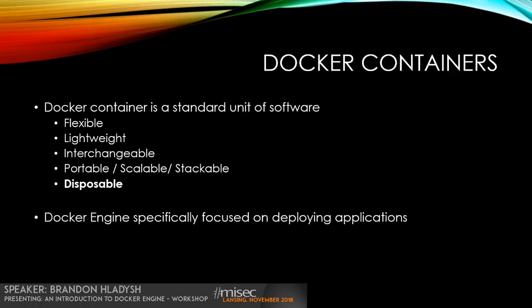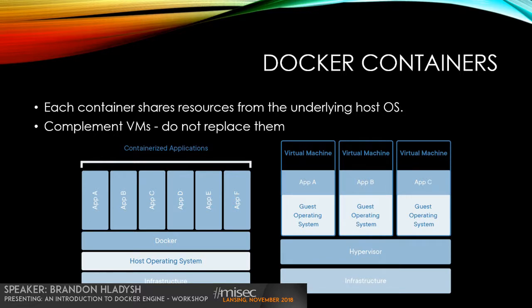So compared to other container technologies, Docker Engine is specifically focused on deploying applications. So when we look at the differences between a containerized application and maybe something like LXD, which is focused on containerizing Linux operating systems, our Docker host will share resources from the underlying OS.